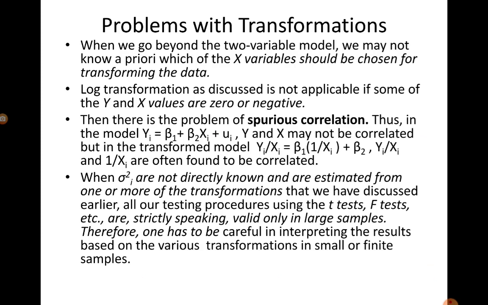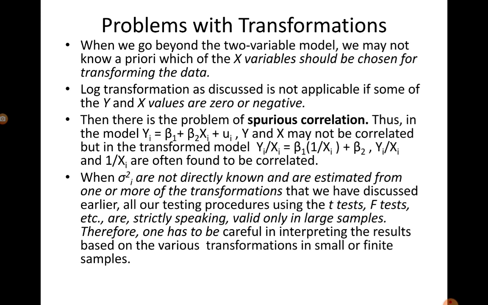Now, before I conclude this topic about the remedial measures, you should remember that even with these transformations, even though we do manage to either reduce the heteroscedasticity or actually remove it, there could be a few new problems that arise, or a few problems on how to go about the transformations.